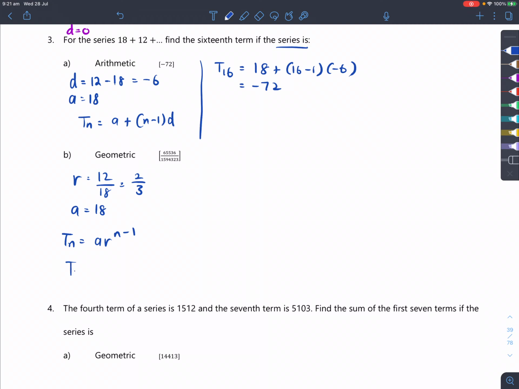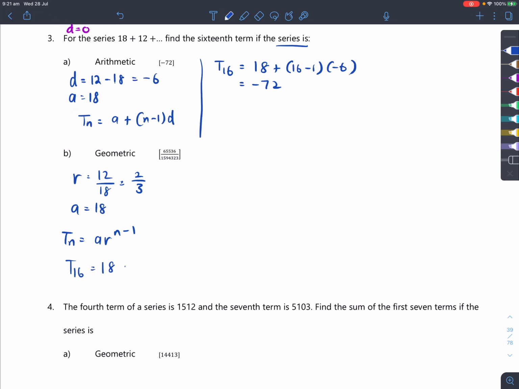So in this case, the 16th term will be the first value, which is 18, times the ratio, which is 2/3, to the power of 16 minus 1, which we know is going to be 15. So I'll do that straight away. Now let me just see if this actually pops up on the calculator. Okay, it pops up as some strange number.